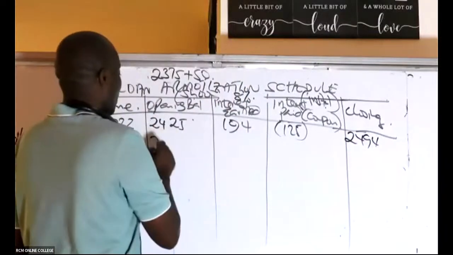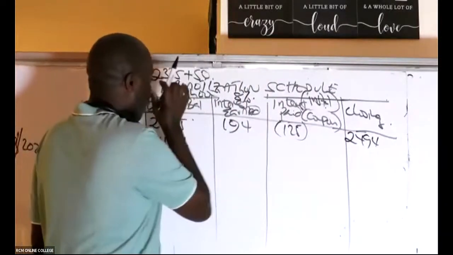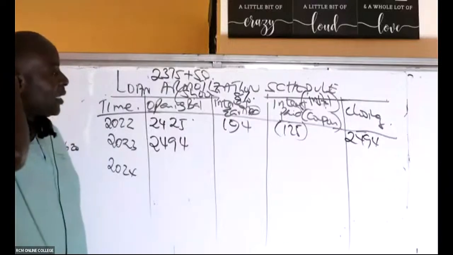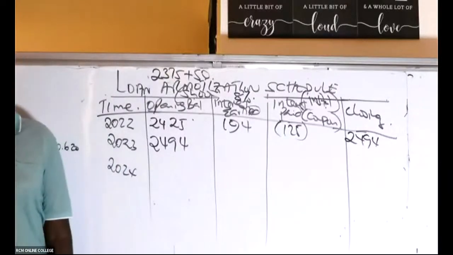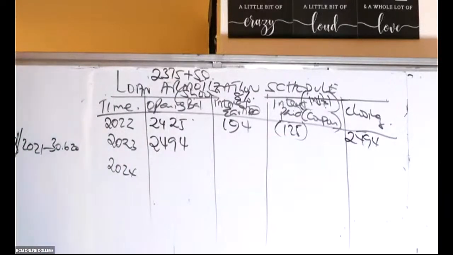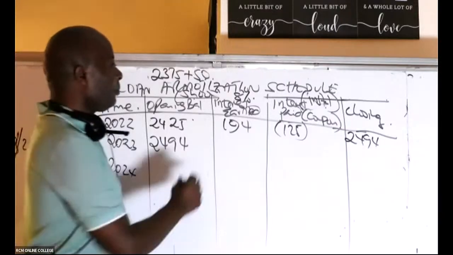So come and give us here 24.94 at 8%. They are not talking to me. 8% gives me 1995.2, or 200.